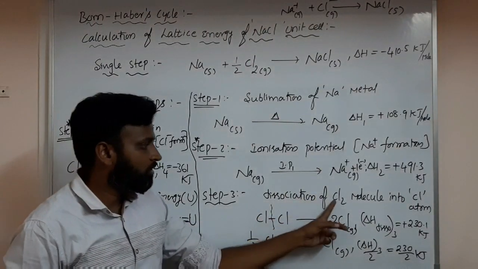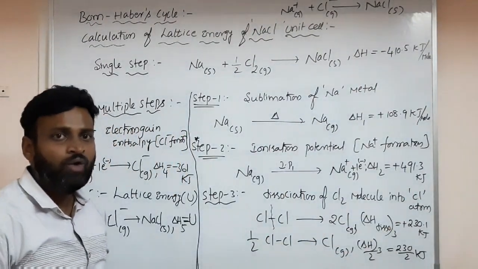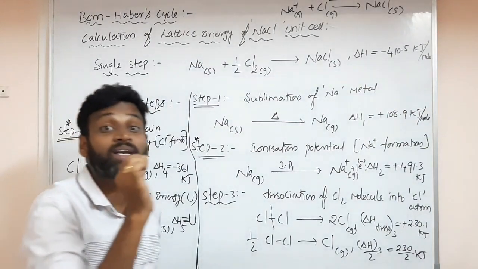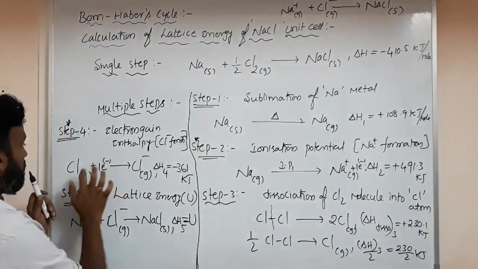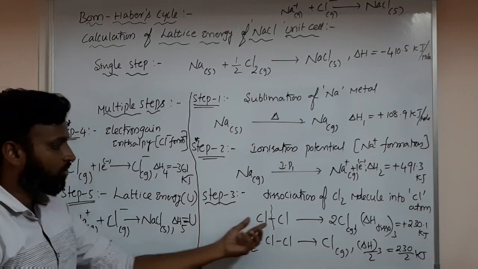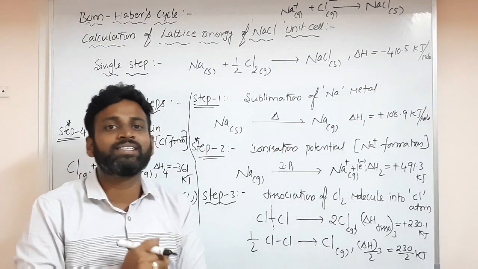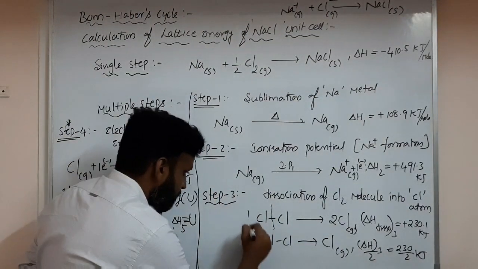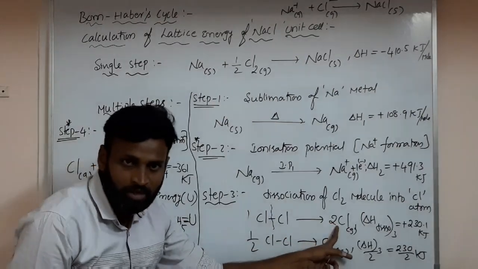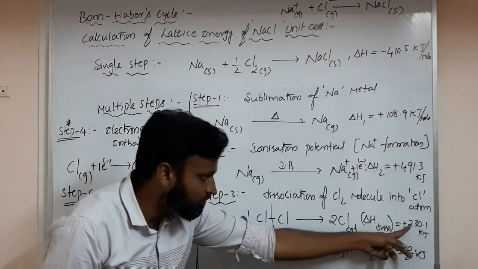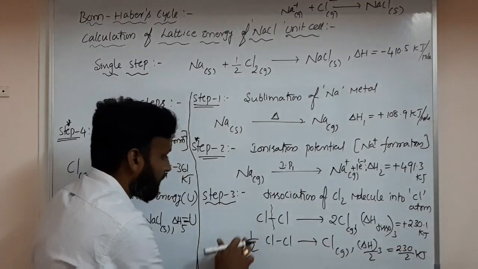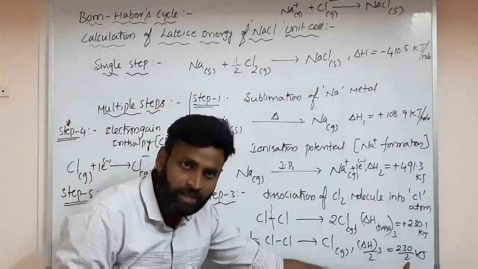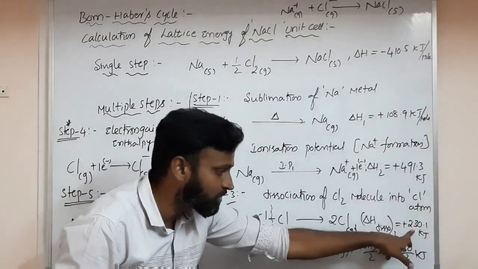Step 3 is dissociation of the Cl2 molecule into chlorine atoms. Why must dissociation happen? Cl2 cannot take an electron; the chlorine atom will take the electron. But in nature chlorine exists as a diatomic gas, so Cl2 has to break. If 1 mole of Cl2 dissociates, then 2 chlorine atoms form. To get 2 chlorine atoms this much heat is required, but to form NaCl just 1 chlorine is required. So delta H3 by 2, about 236 by 2, we have to take, because for 1 chlorine half the energy is enough.